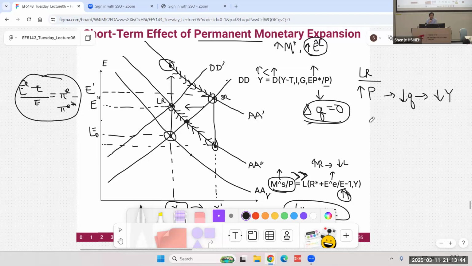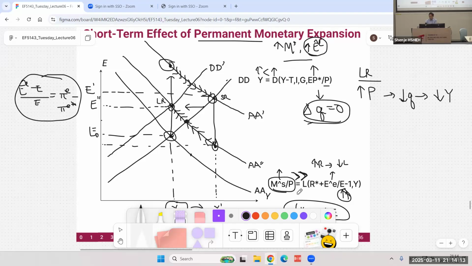All right, let me say that all again. So our starting point is here. This is the initial intersection between the DD and AA schedules, right? To analyze, what we do first is we analyze the short-term effects. That means hold prices sticky, and we change things that must change before prices respond, right? That's expectations and money supply.